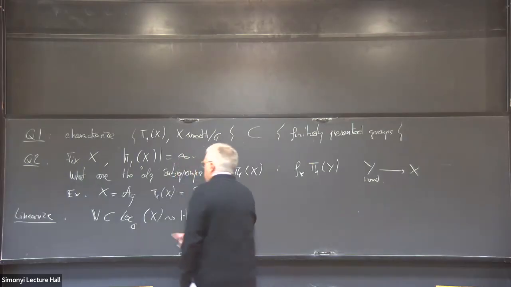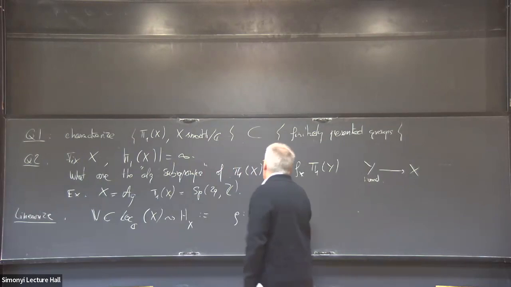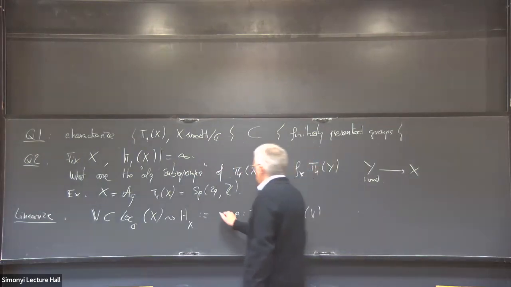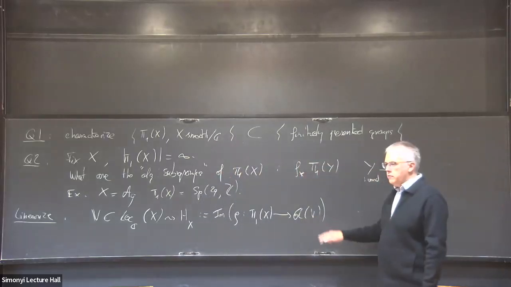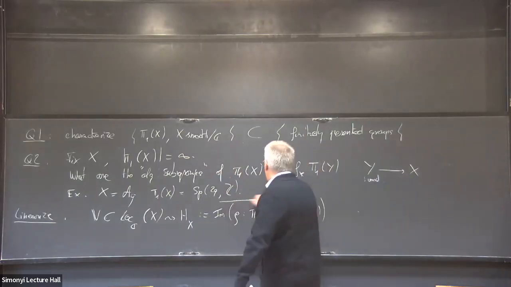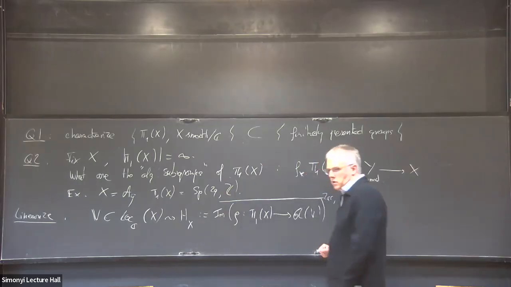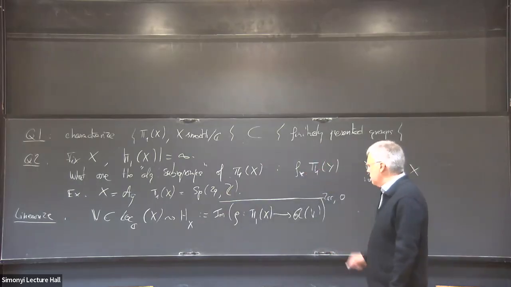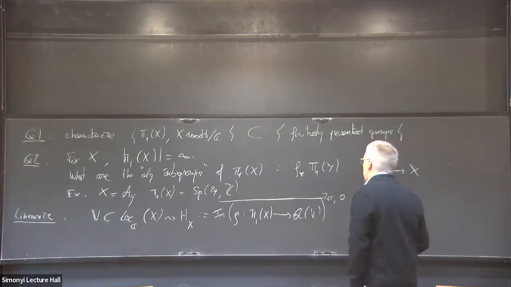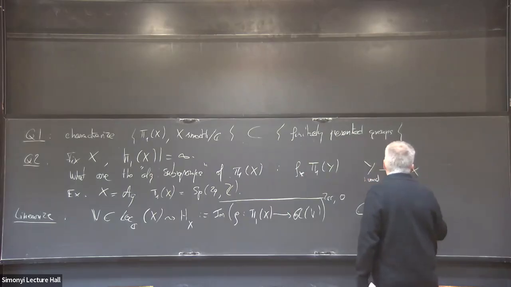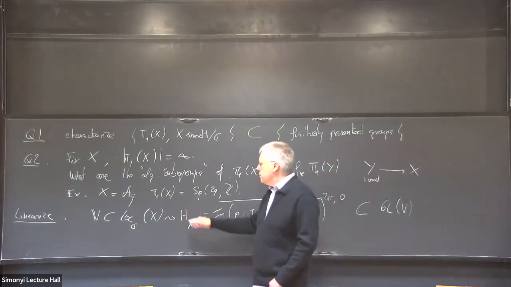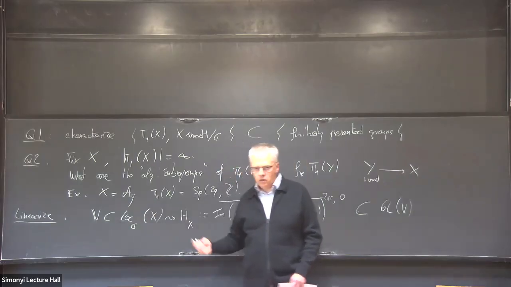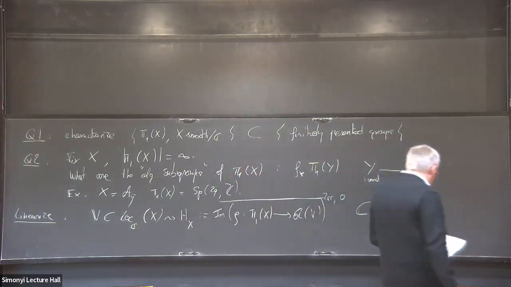By definition, this local system is given by some representation of pi 1 of X to GL(V). I can take the image of the representation, which is a finitely generated subgroup of GL(V). I take the Zariski closure of this image, and I take the connected component of the identity. So this is an algebraic subgroup of GL(V). And of course, I will assume that this group is positive dimensional. In other words, V is not torsion.